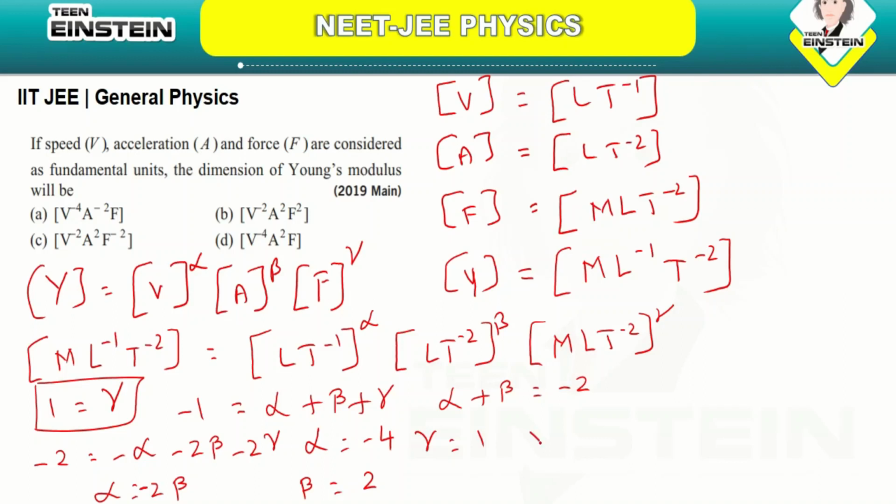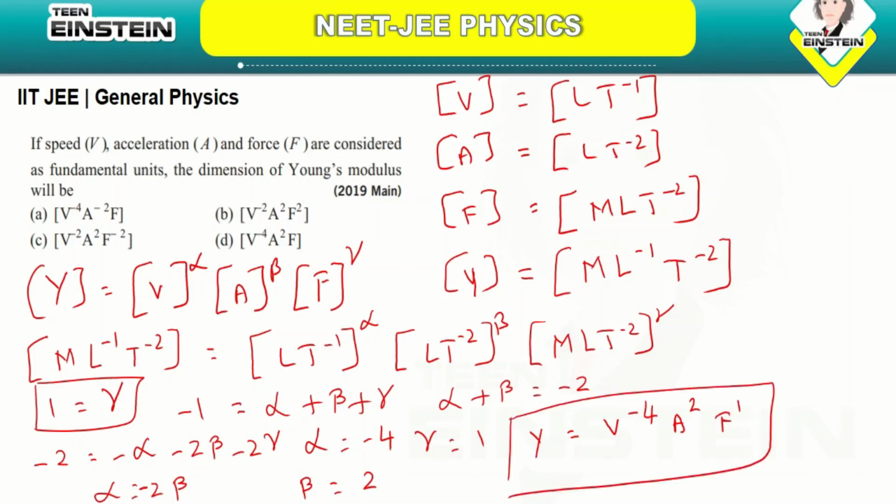So Y will be equal to v power alpha, which is minus 4, a power beta, which is 2, and f power gamma, which is 1. So in terms of speed, acceleration and force, the dimension of Young's modulus is v power minus 4 a square f. So the correct answer is option number D.